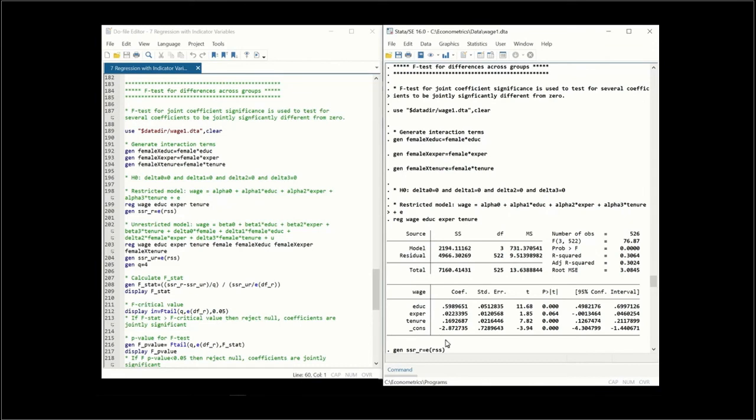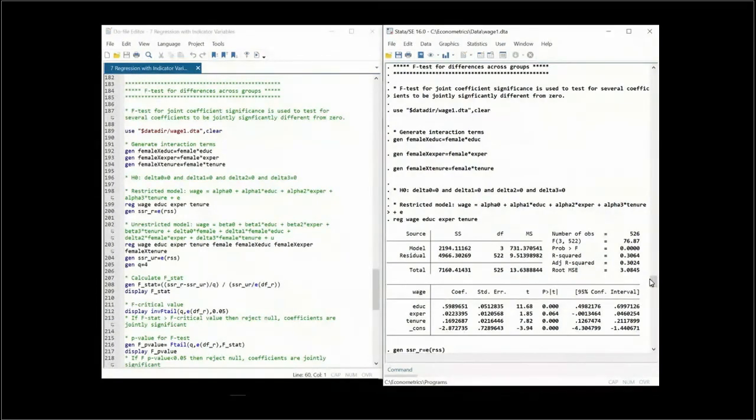Once we estimate the restricted model, we pick up the sum of squared residuals, and we call it sum of squared residuals underscore R to indicate the restricted model. If we estimate the unrestricted model, we pick up the sum of squared residuals as well. And we know that we will be testing 4 restrictions because we have 4 parameters to test. Okay, so now calculating an F statistic.